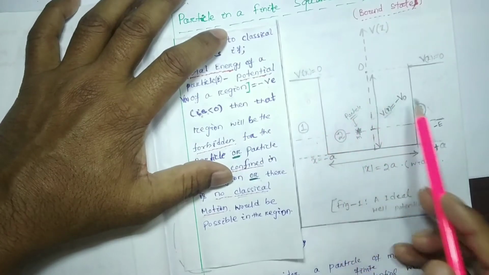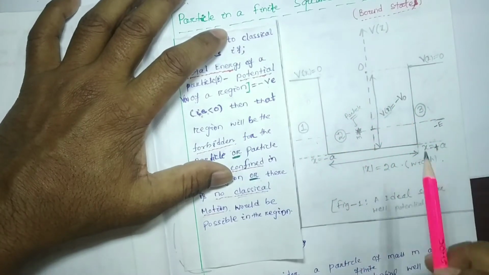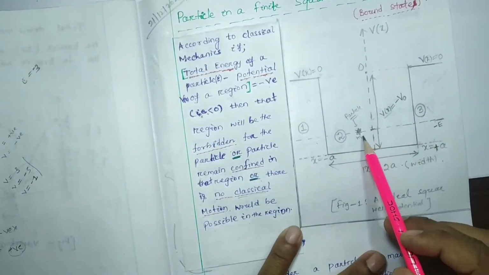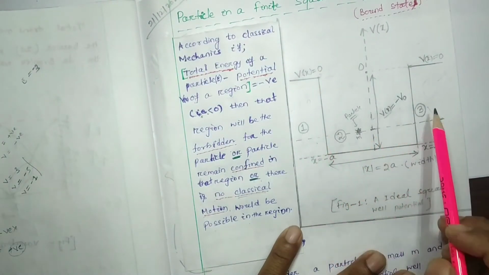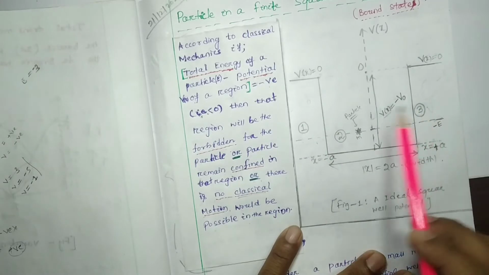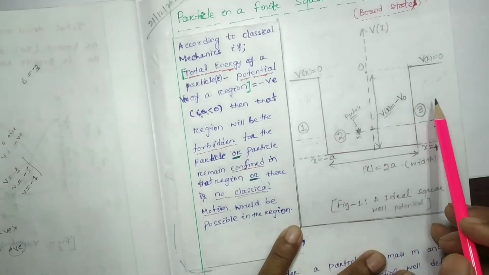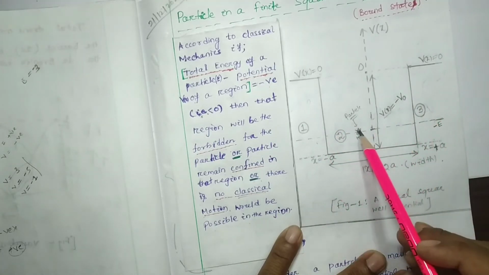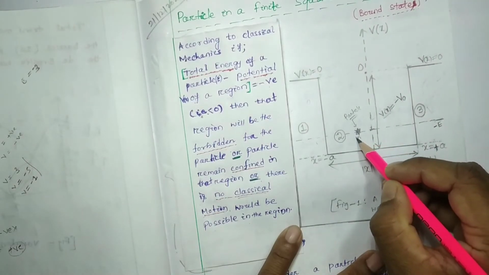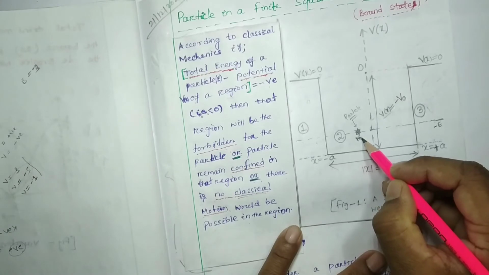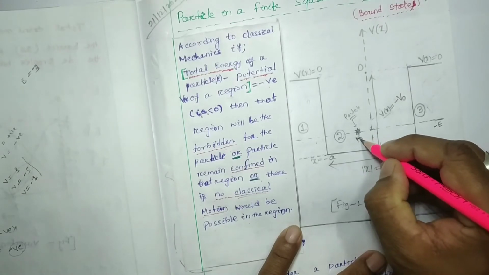So this is our ideal square well potential, where this particle is confined due to region 1 and region 3. Due to the region 1 potential and region 3 potential, this particle, which I have marked as a star, has mass small m.